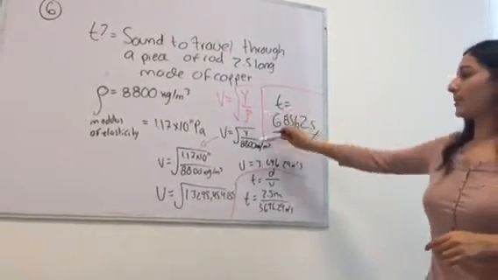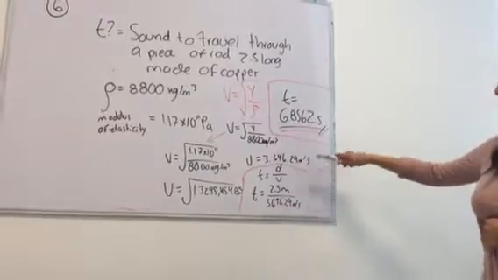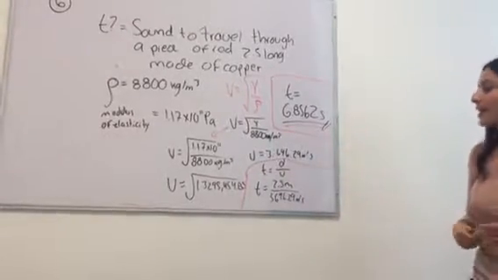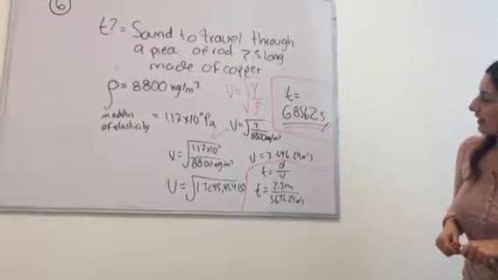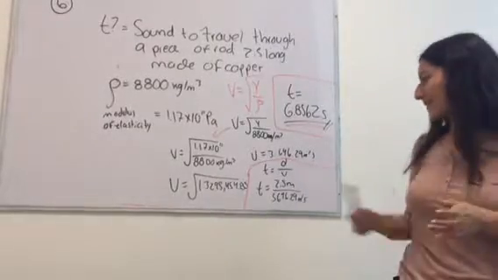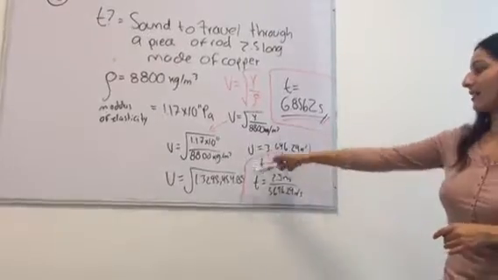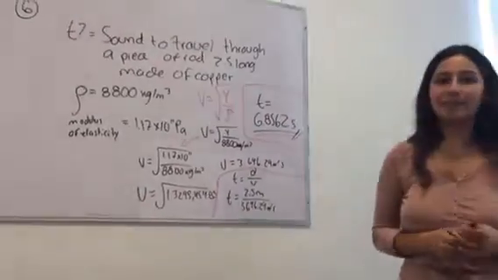We substitute the values we have, and then we get the value of velocity. This value is necessary for the time formula, which equals the distance over the velocity. So the time equals 2.5 meters over the velocity we got in this part. Time equals 6.8562 seconds.